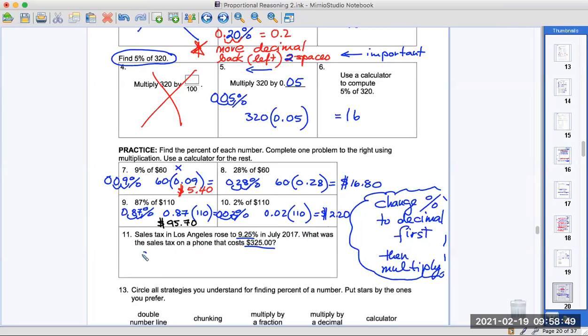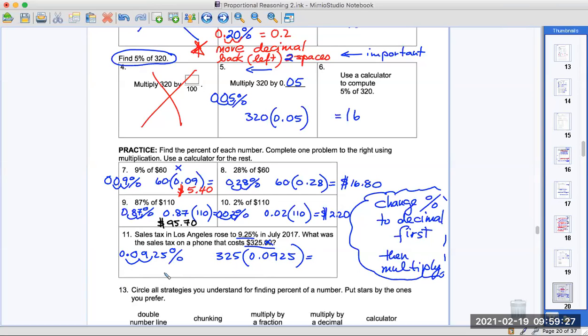So you're changing 9.25% to a decimal, put zeros in the front, move it twice, and then multiply. 325 times 0.0925. That's a lot of zeros, that's a big number. Don't be afraid, just make sure you put it in your calculator correctly, okay? It's the same thing. See if you can do it yourself. Pause the video.